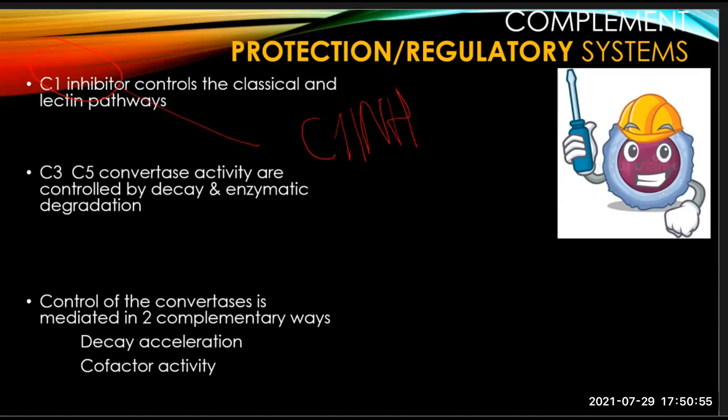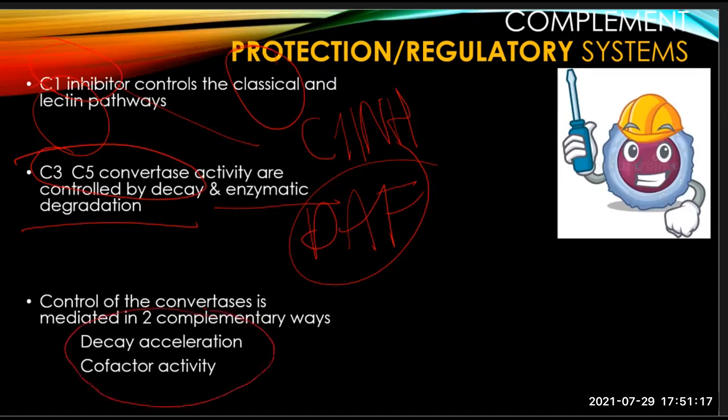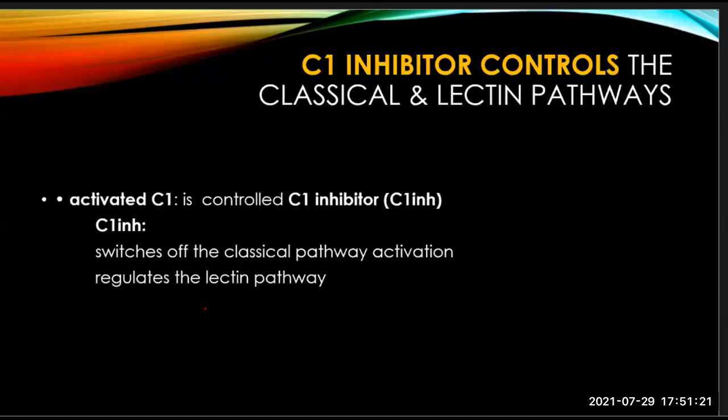C3 and C5 convertase activities are controlled by DAF, the decay accelerating factor, and enzymatic degradation. Control of the convertases is mediated through complementary pathways. We have decay acceleration and cofactor activity. So we'll go over them one by one.